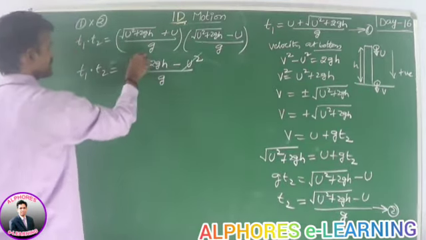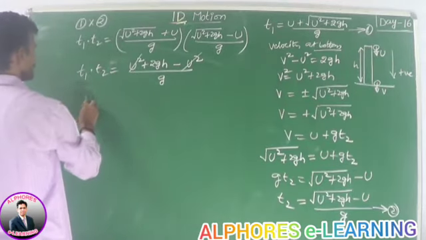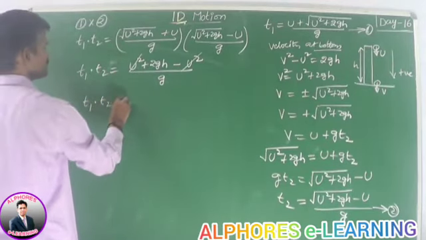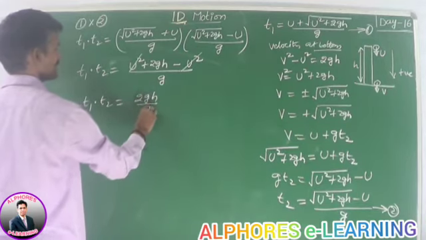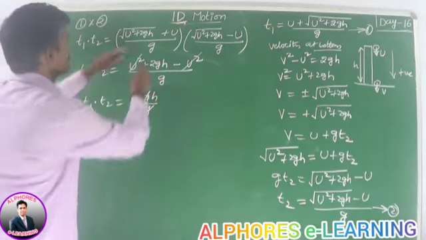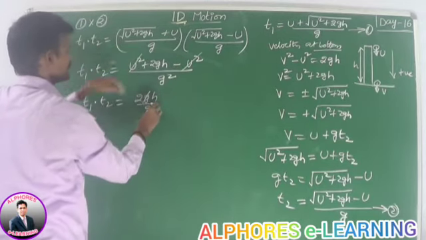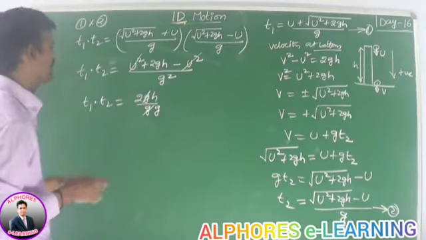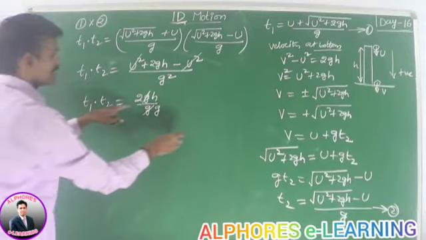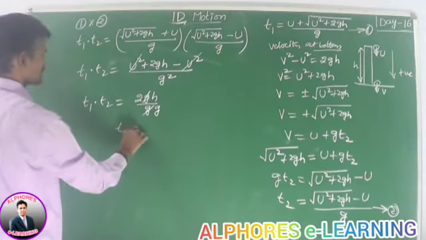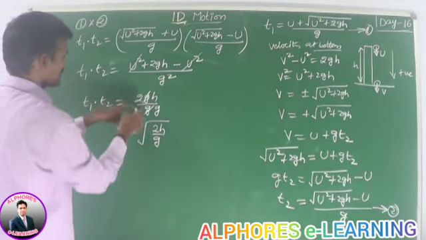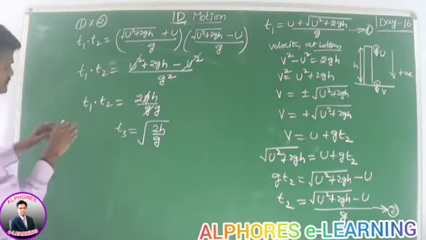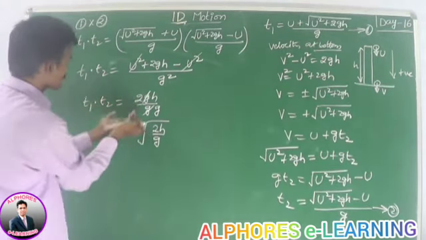This u square term gets cancelled. Then you get t1 into t2 as 2gh by g square; one g gets cancelled and another g will be there. So we already know t3 is under root 2h by g. So this is like t3 square.